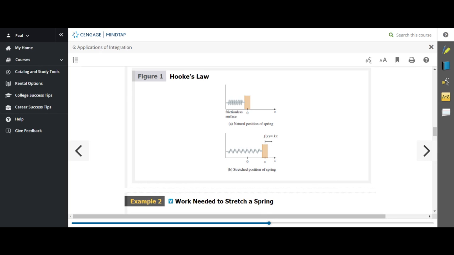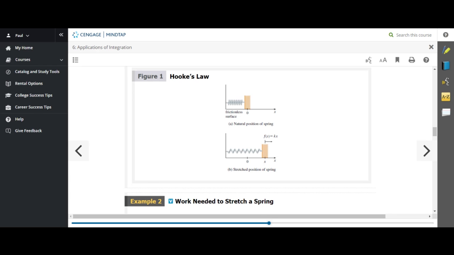So how many have noticed that when you stretch a spring, the more you try to stretch it, the harder it is to stretch? Like maybe a slinky. I'm sure we've all taken a spring and tried to stretch it, even as kids. Okay, Jacob has, and Tal, do you notice it gets harder the more you try to stretch the spring?